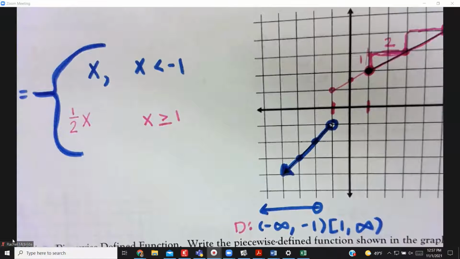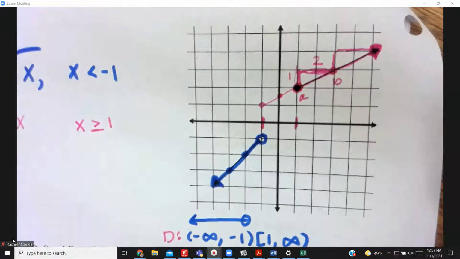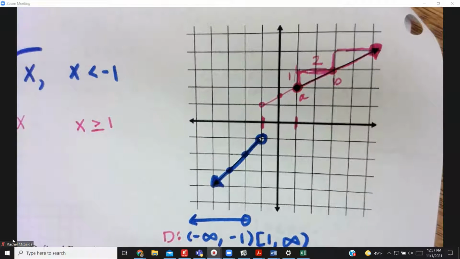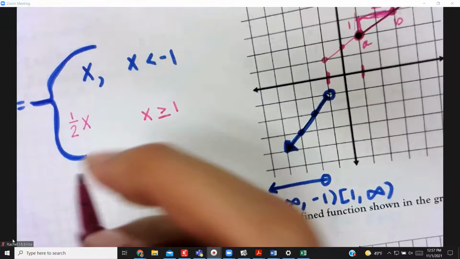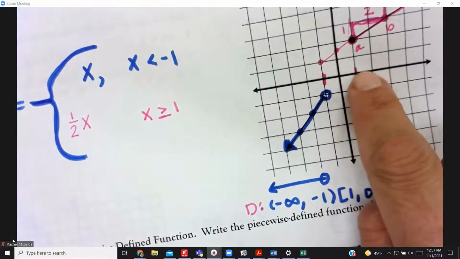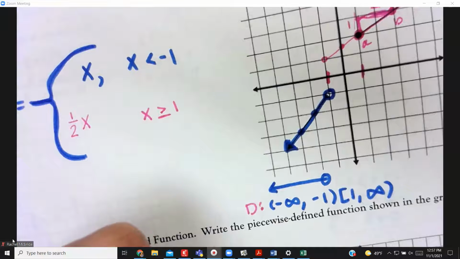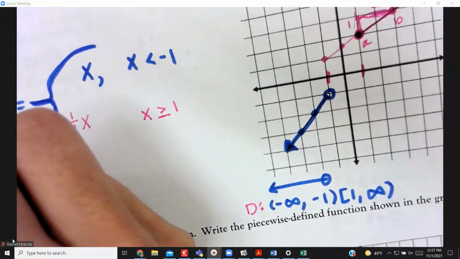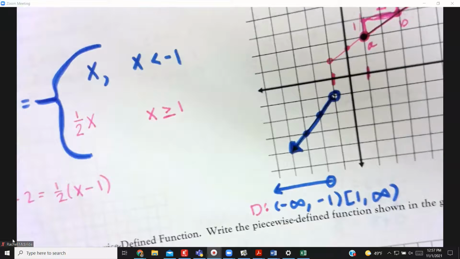If you don't want to do it via the graph, you could actually take point A and point B, and you could plug into point slope form. So you could say y minus y1, which is at 1, 2, equals 1/2 x minus 1.